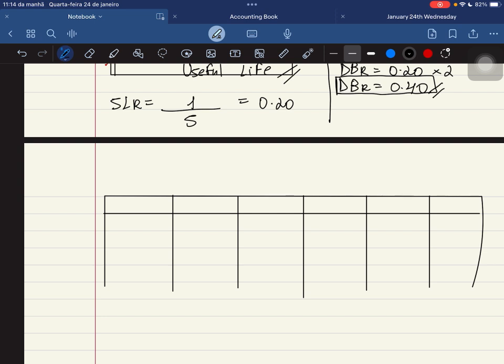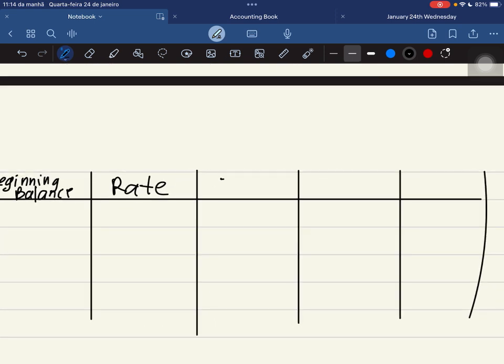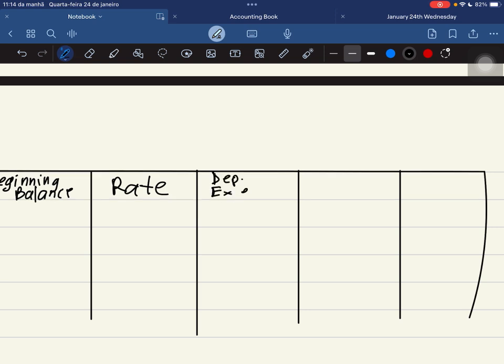So this table that I'm making here has 6 spots. The first thing that we have is the year. Then we're going to have the beginning balance, followed by the rate, which is the declining rate, and then we are going to have the depreciation expense, followed by the accumulated depreciation.